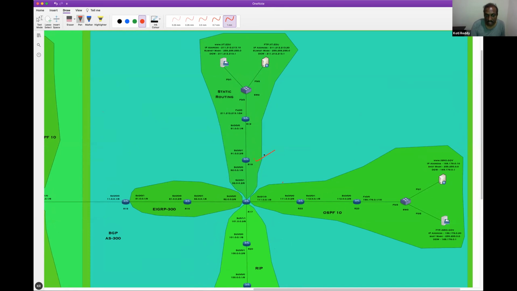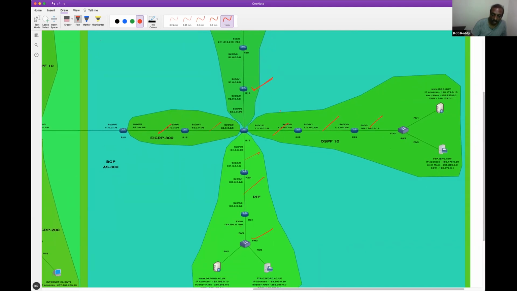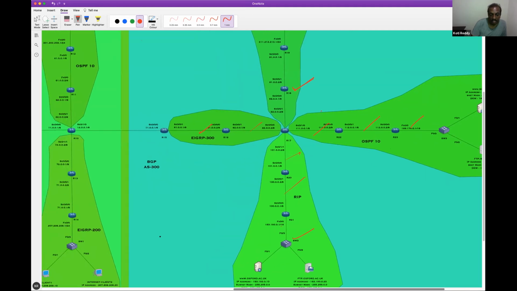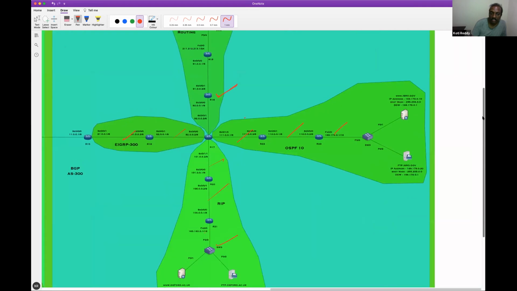I should add routes for the 90, 81 network, 82 network, 111 network, 112 network, 169 network, 101 network, 100 network, and also the other networks, other customers also. All the networks should be specifically added as routes in the table of R18.